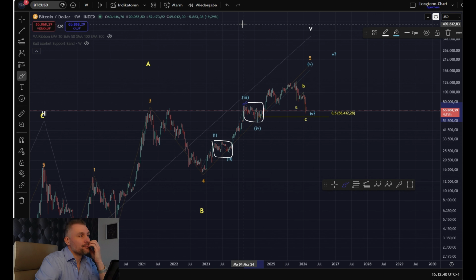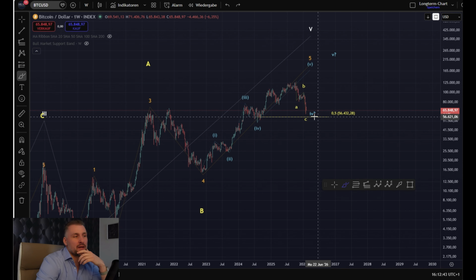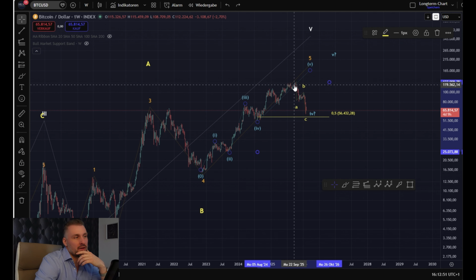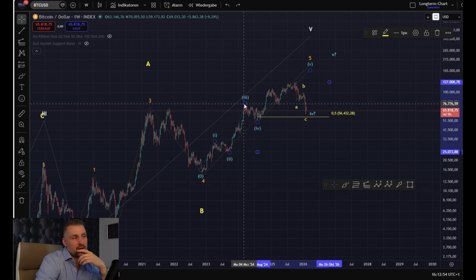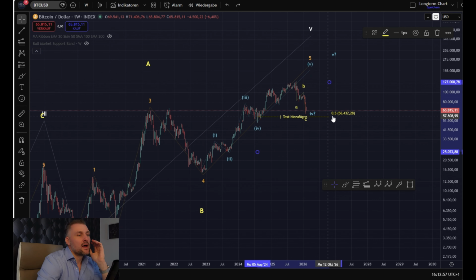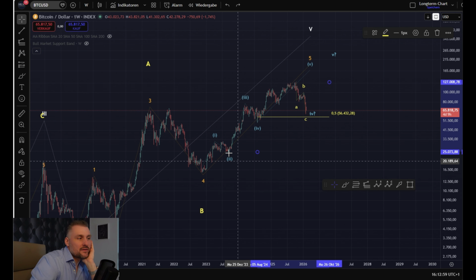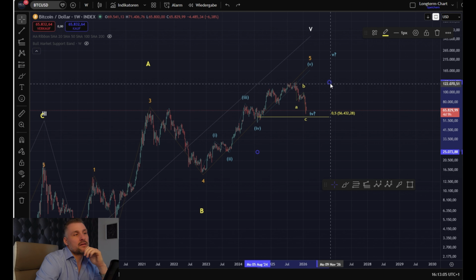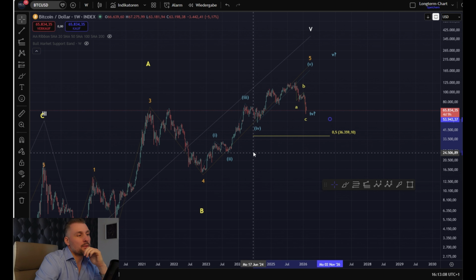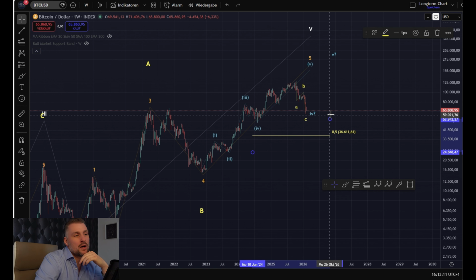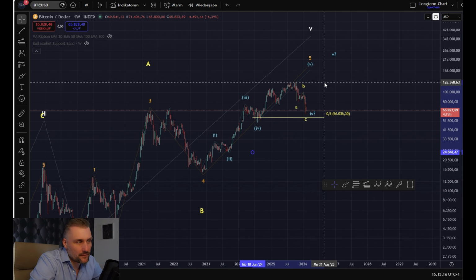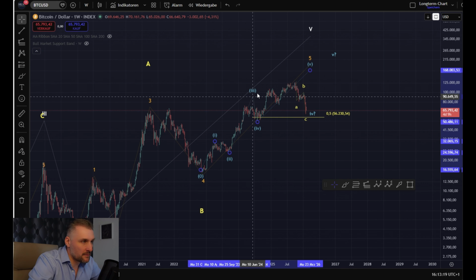And what else can we say? I mean, if we argue that this here is still wave 3, or this is wave 3 and this is A, B, C, if I say this here is still wave 3, then I can take the Fibonacci retracement tool, put it here on the low of wave 2, and put it to the top of wave 3, potentially wave 3, so this one.